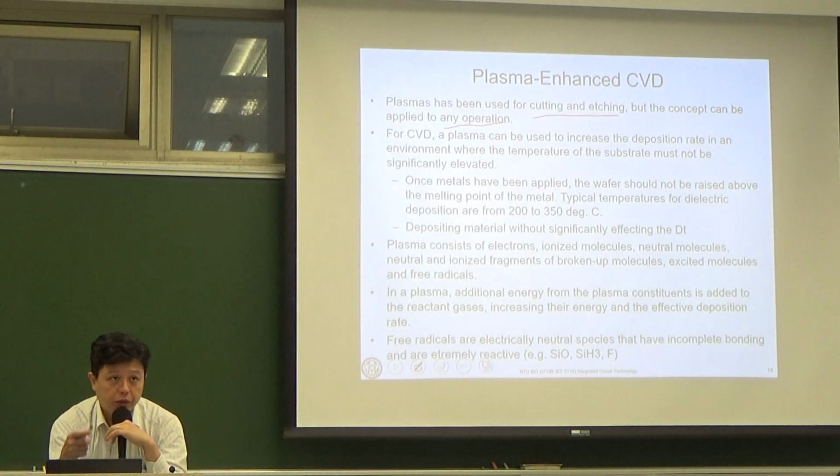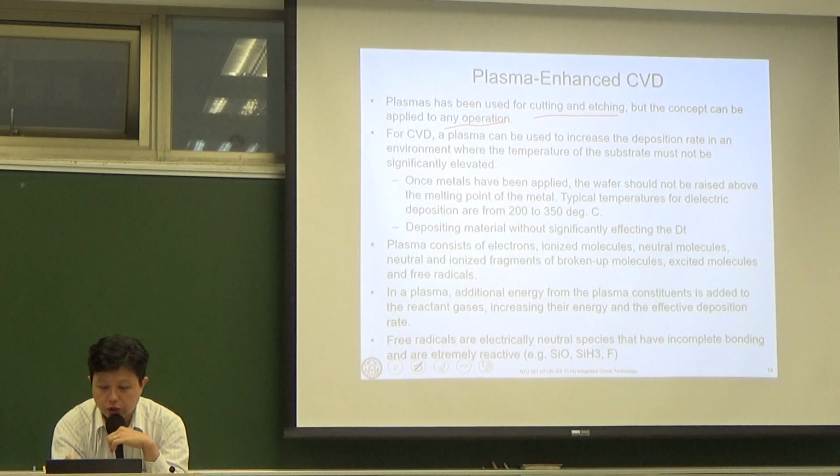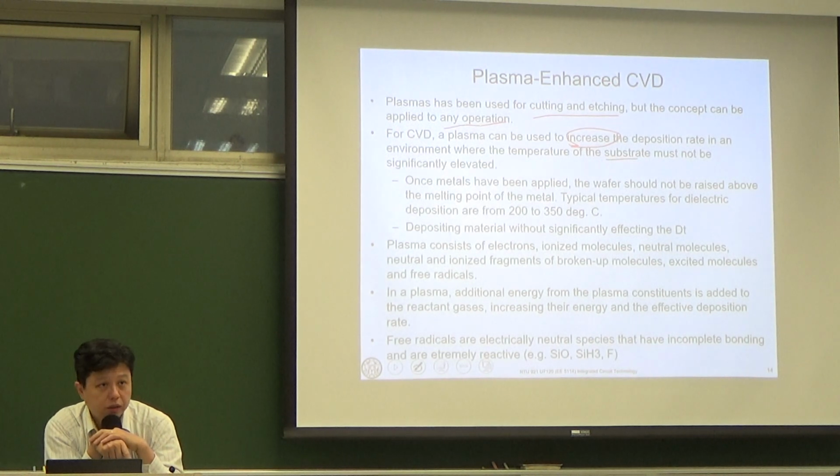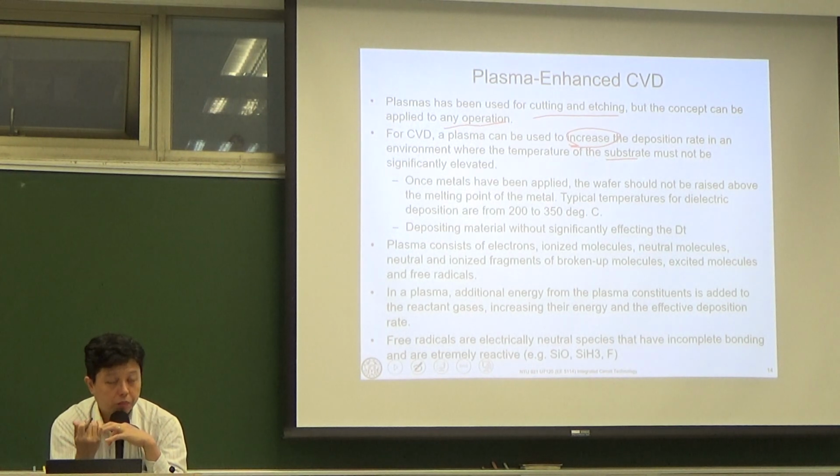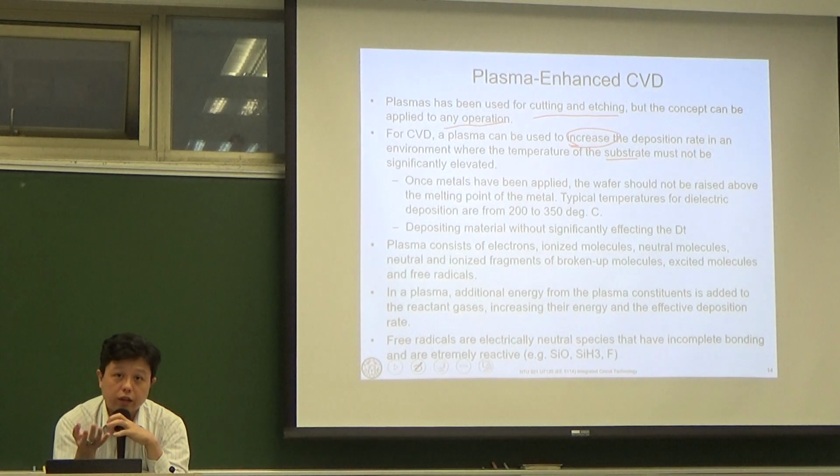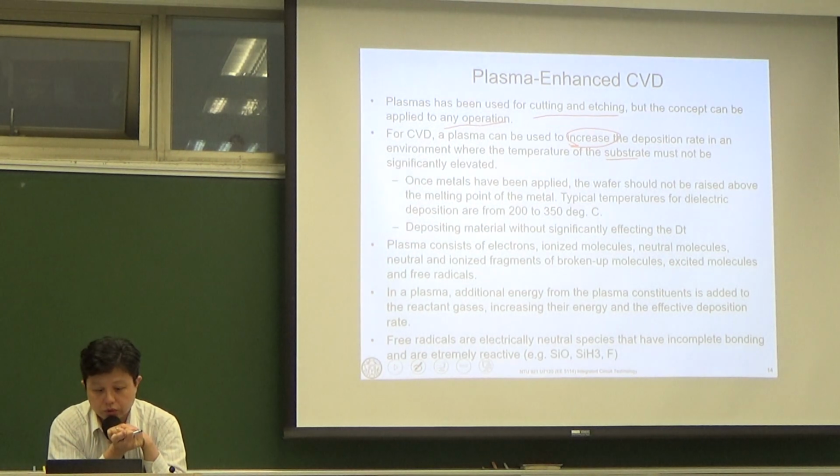By incorporating plasma in our CVD systems, we can increase the deposition rate without increasing the temperature of your substrate a lot. Because plasma can also provide energy to your gas, your molecules. Previously we used temperature to provide kinetic energy for your molecules. Now we can use plasma to do the same.